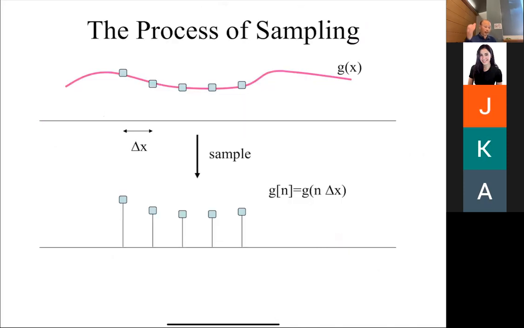Now we're going to take a step back and remind you a little bit about sampling. Remember, sampling is the process of going from a continuous waveform to a discrete waveform, typically g of x to g bracket of n.